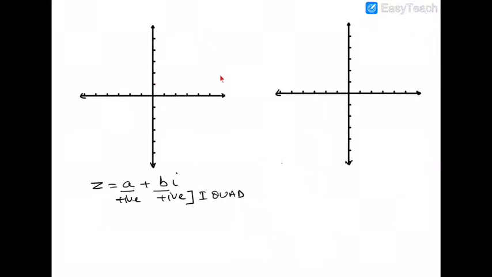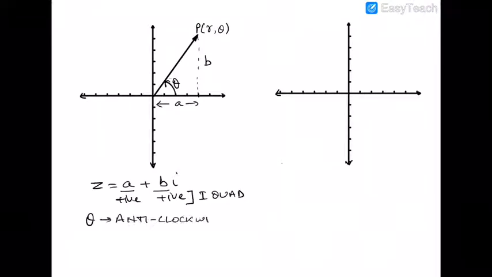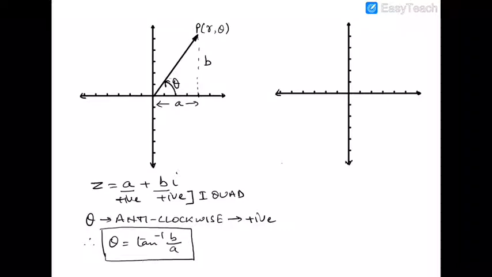The polar representation is a point (r, theta), where theta is the angle between the positive real axis and this line segment, and which is a units to the right and b units up, and theta is positive because it is the anti-clockwise direction, and tan theta is equal to b over a, so theta will be tan inverse b over a. So here theta is positive, so it will remain positive.